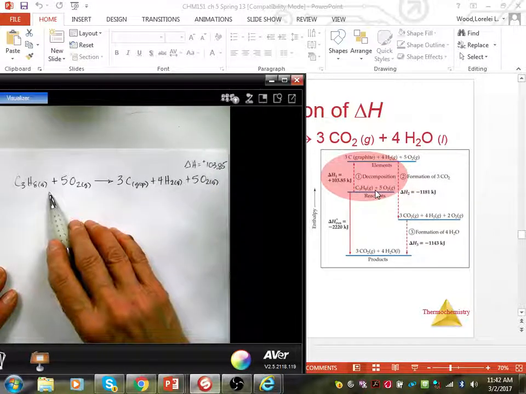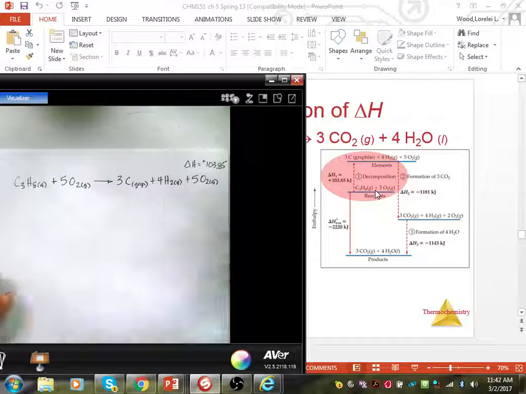So I had to put some energy into this. Were the reactants or the products at a lower energy level because I had to put energy in? Reactants were at a lower energy level. If you look at the energy diagram here, the reactants are at a lower energy level, the products are at a higher energy level, so you must have had to put some Q in, right? Q had to go in to bring those reactants up to a higher energy level.